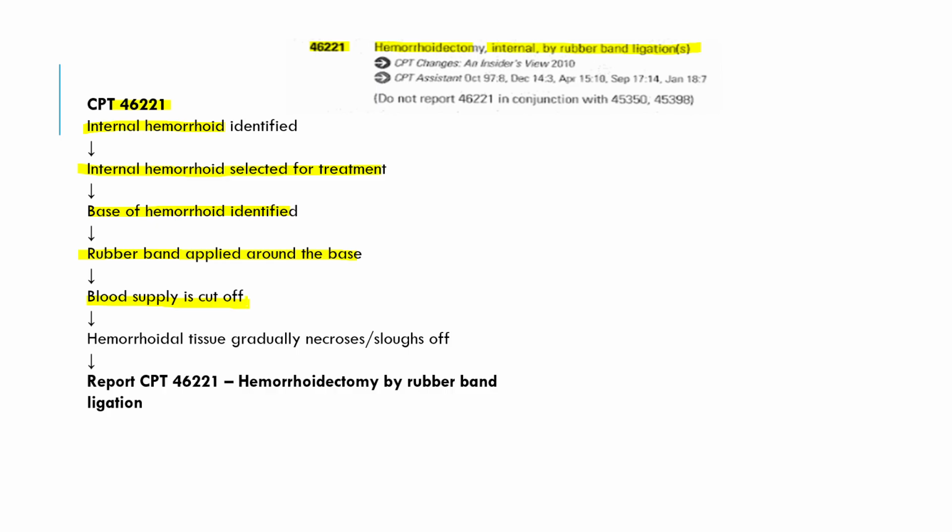So the hemorrhoidal tissue gradually necroses or sloughs off. After the rubber band ligation there is no blood supply, and it gradually becomes necrotic and sloughs off. In that case we can report CPT 46221 for the internal hemorrhoid by rubber band ligation. Is it clear now? I think it is clear. We will move to the next slide.